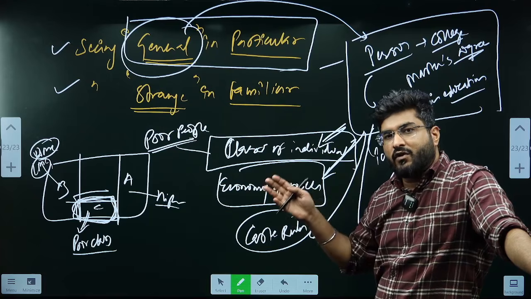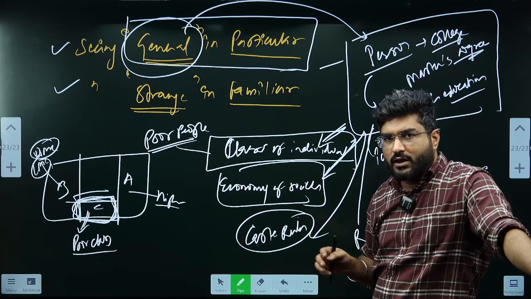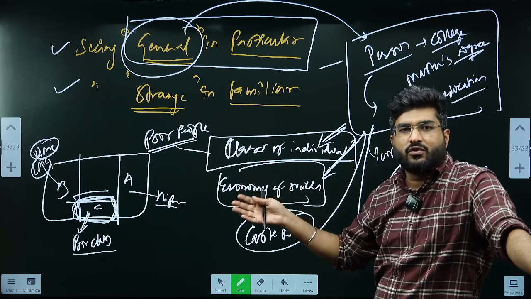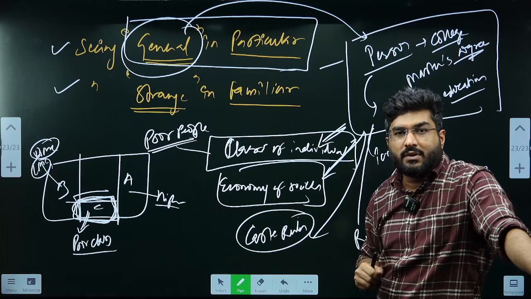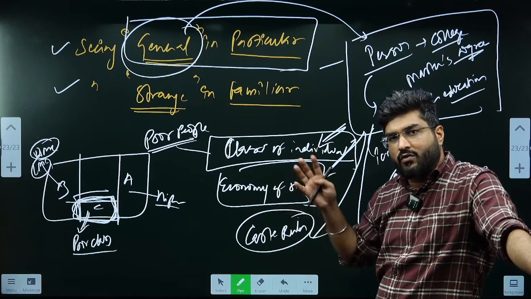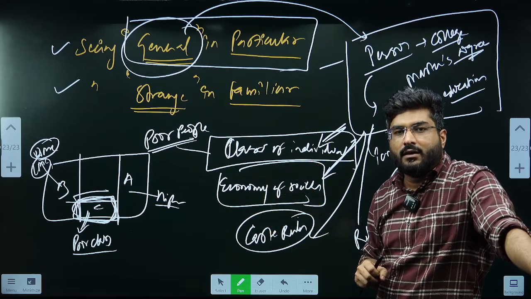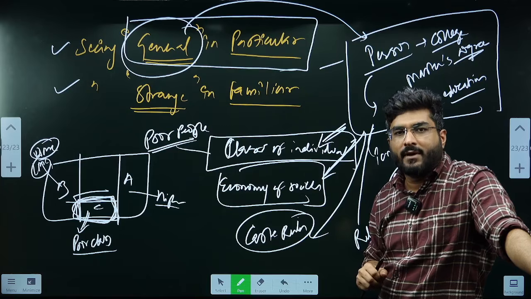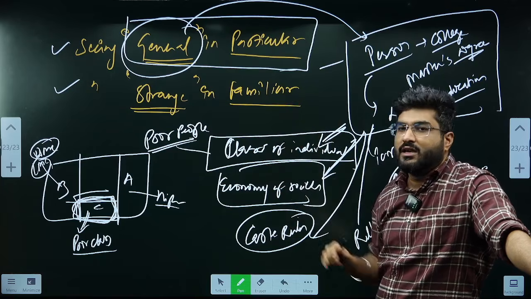A kid coming from a humble background, you will certainly see that they are not asking any questions in the classes. But a kid coming from a high class family or an upper middle class family tends to ask more questions in the classes. Okay, so that is how strange in the familiar works.